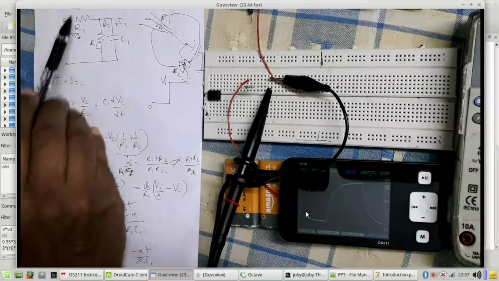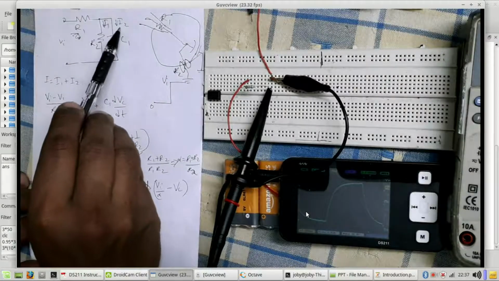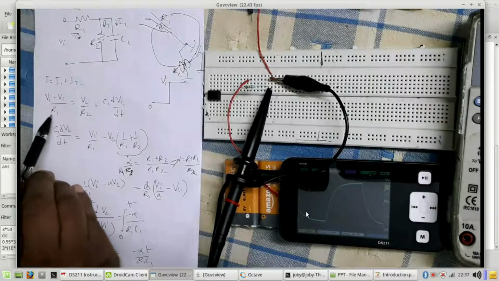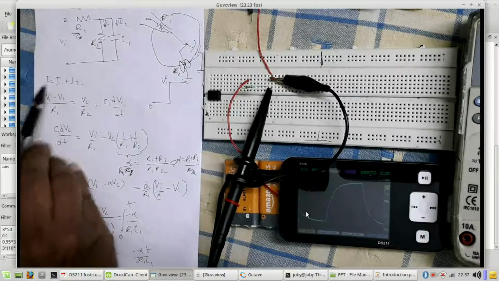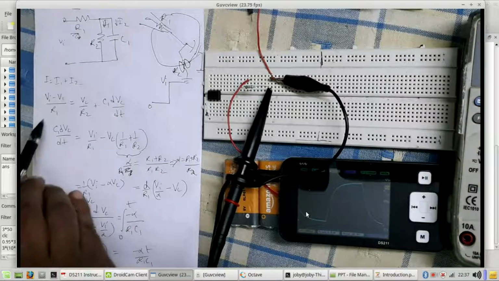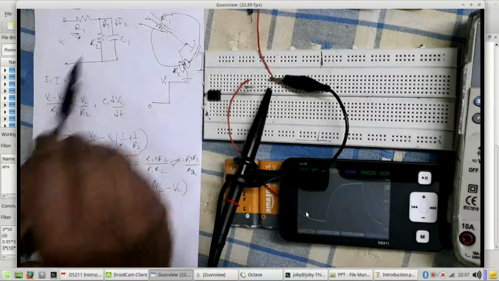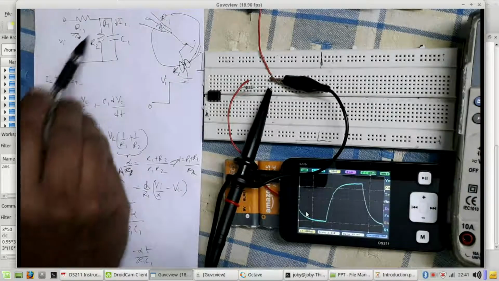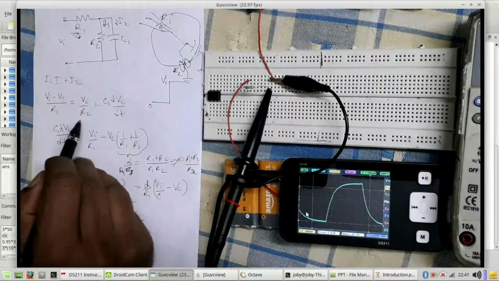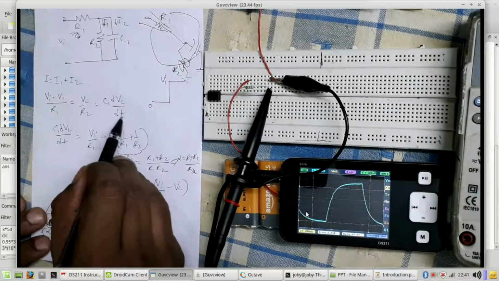So now this I is the sum of these two currents, I1 and I2, and so I is equal to I1 plus I2. If you write down I is equal to (Vi minus Vc) by R1, it is equal to the sum of the currents: Vc by R2 through this, and C1 dVc by dt through this, right?